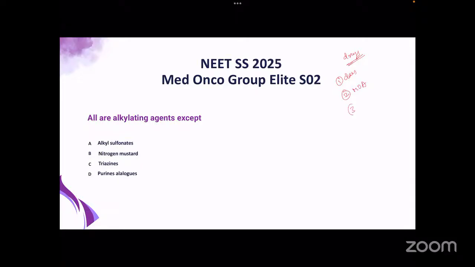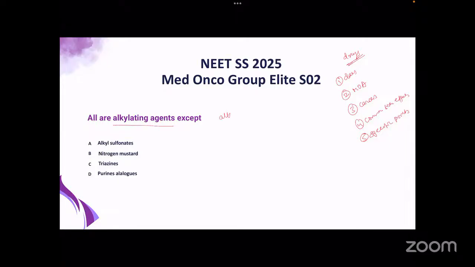The third is what cancers it is used in, what the common side effects are, and any specific points about pharmacokinetics or pharmacodynamics. So whenever you see any drug, you always need to say, okay, this belongs to this class and this is the mechanism of action.